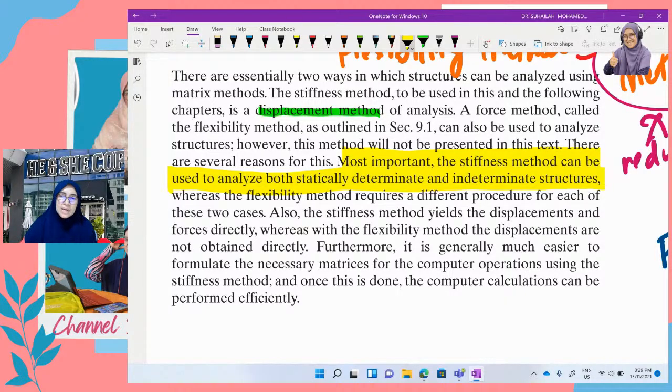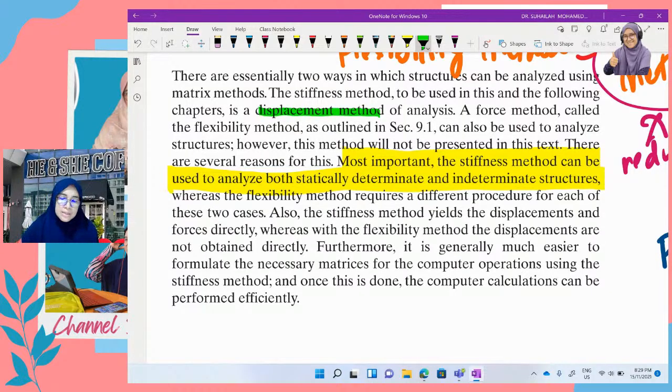Whenever we cannot calculate reactions using equilibrium equations, meaning indeterminate structures, we have to apply the flexibility method. But in the stiffness method, we can calculate both determinate and indeterminate structures.